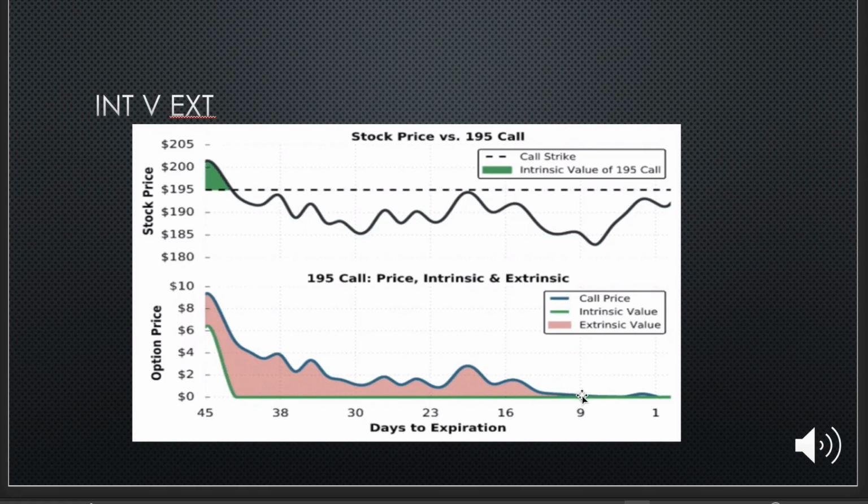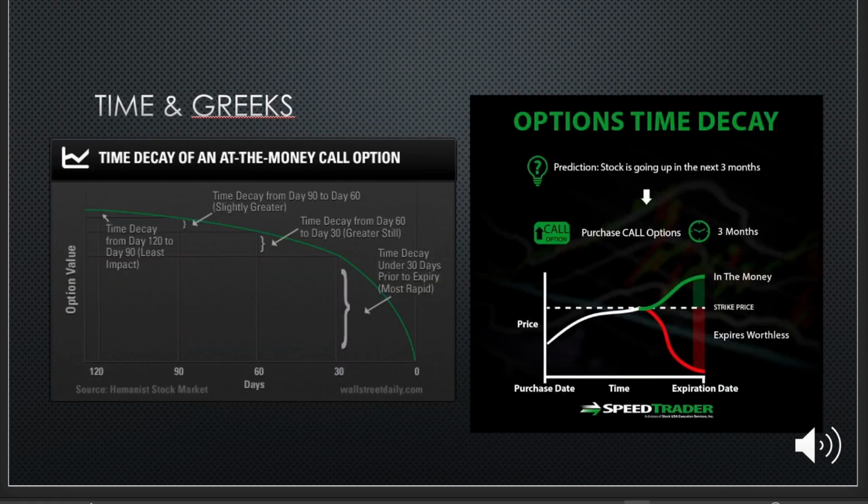Okay, and once this happens, even if price goes up, as you can see here, that it clearly rocketed from 184 to 193 or 194. Okay, so basically a $10 jump should have given it some value, but as you can clearly see, basically all hope was gone. All right, so that is a very important concept of intrinsic and extrinsic value.